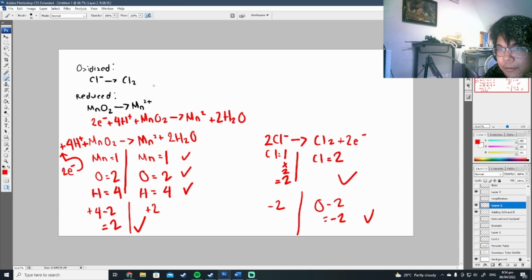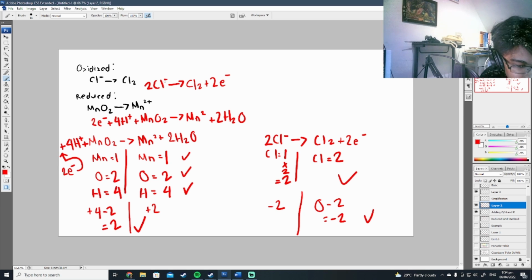So we just have to write it down. 2Cl- gives Cl2 plus 2e-, and that's a negative sign.